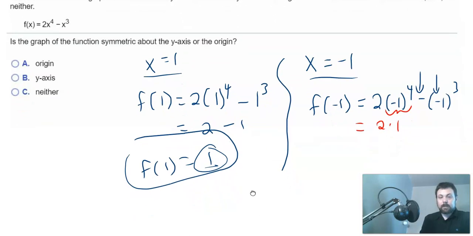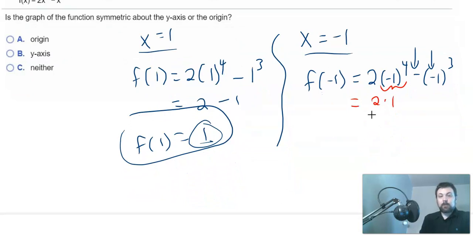And so we'll get 2 times 1 here, which is going to be 2. Here, -1 to the 3rd power, we have to do the exponent first. Remember, order of operations, you do the exponent first. -1 to the 3rd power is going to be -1. And then we take the negative of that. We want to subtract -1, which is going to make that +1, and I get 3.